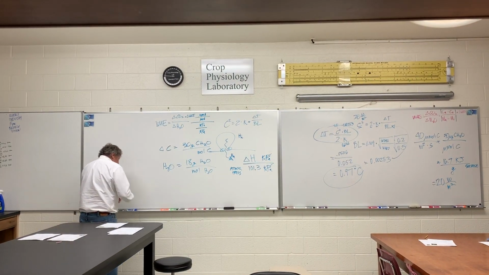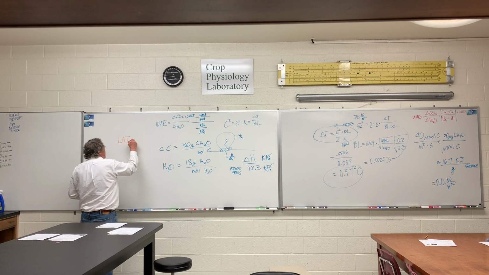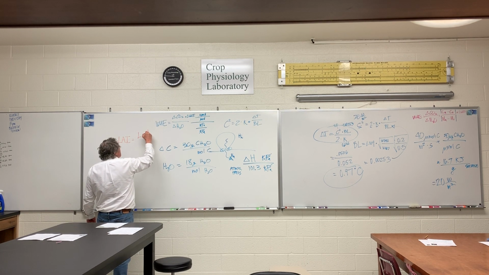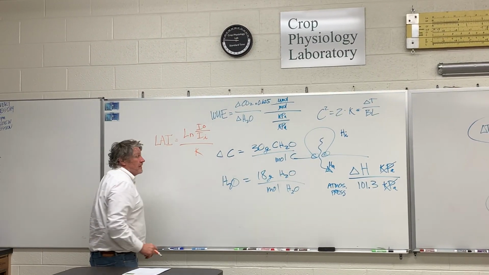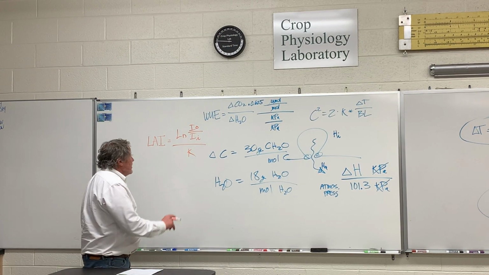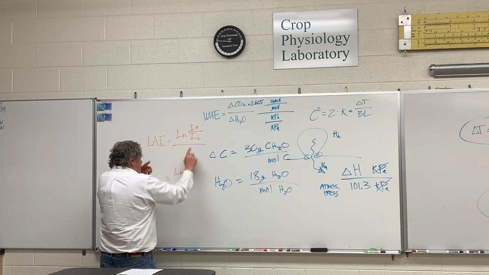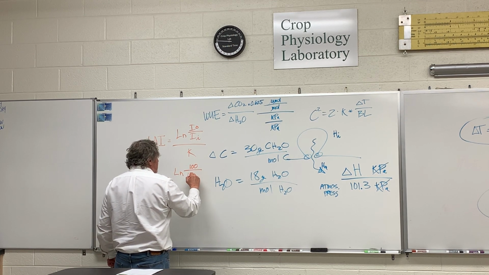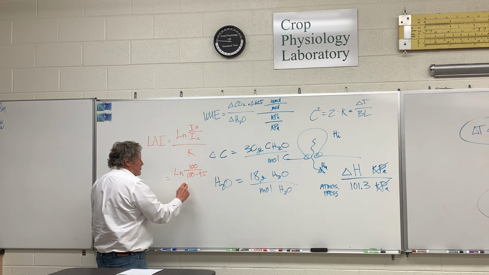When we rearrange this, put this in yet a different color, leaf area index is the natural log of I_O over I_I over K. And after you've rearranged this, now it says for 95% absorption, so this is the natural log of 100 over 100 minus 95, because this would be 95% absorption.